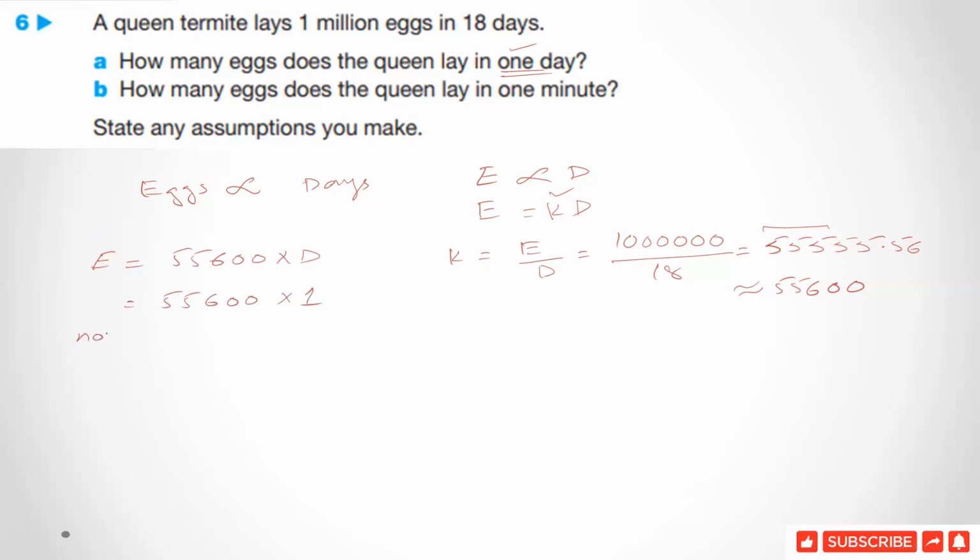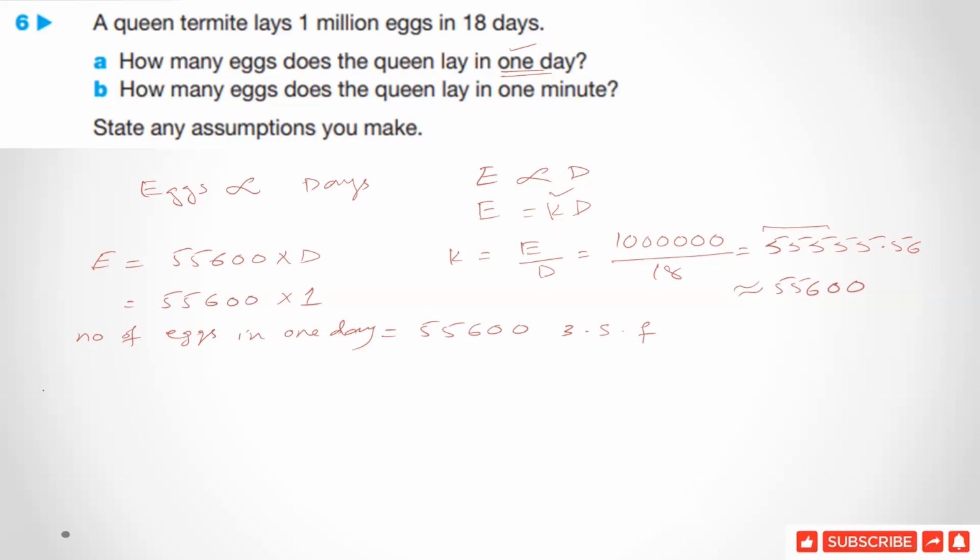The number of eggs laid in 1 day by a queen is approximately 55600, because it's up to 3 significant figures. You can make it up to 4 significant figures. It's up to you.